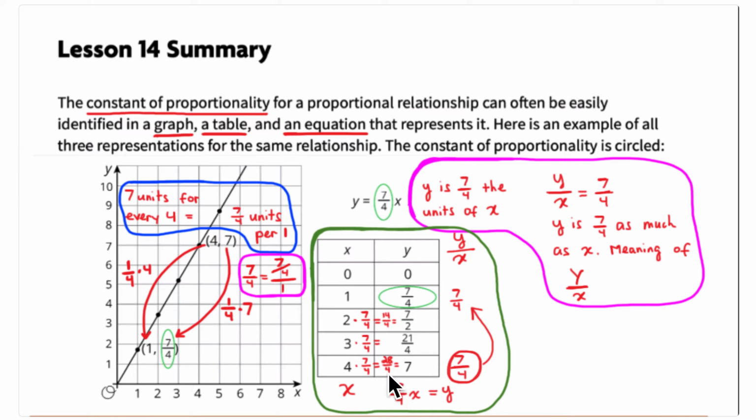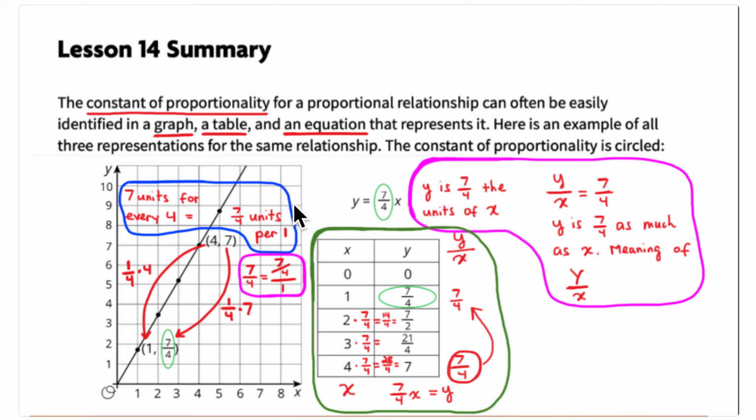Well, 28/4 divided by 4 is 7/4, or 7 divided by 4 is also 7/4. 7/4 right here. And finally, x times 7/4 equals 7/4 of x. So y equals 7/4 x. So every place you look, every representation you look at, you can see the constant of proportionality is 7/4.